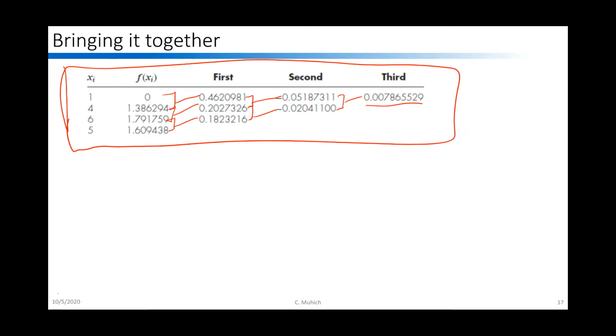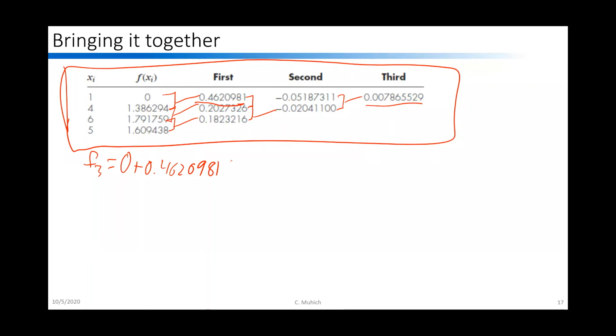So we can take these divided difference terms, we can write out an equation, say f3 equals 0 plus 0.46209881. Remember, we're essentially going to take only that top line, except I've now drawn over it.